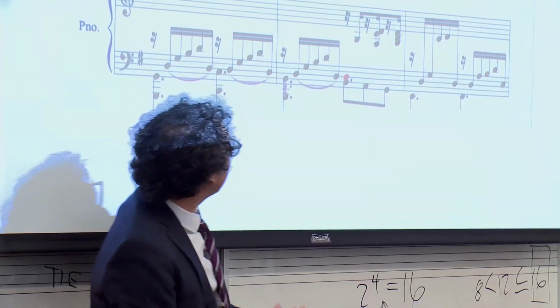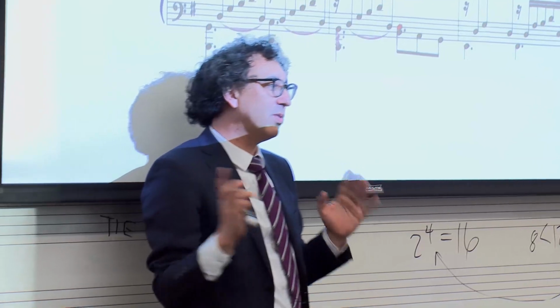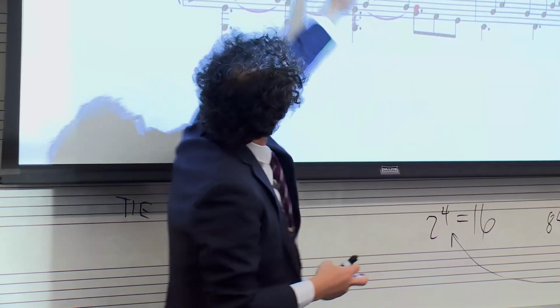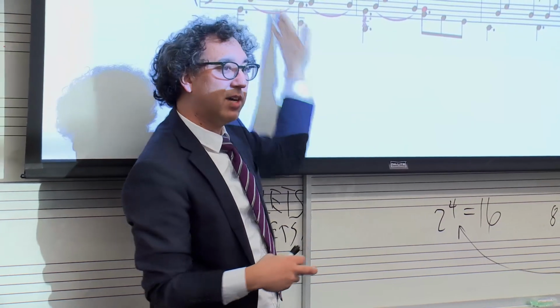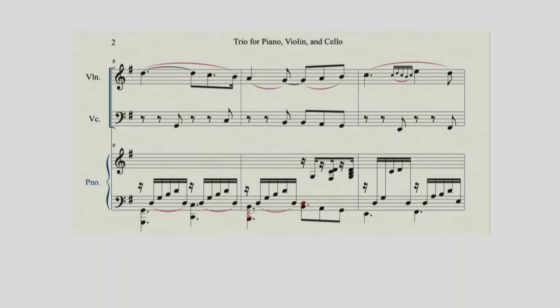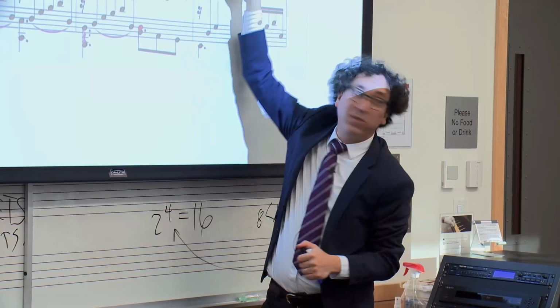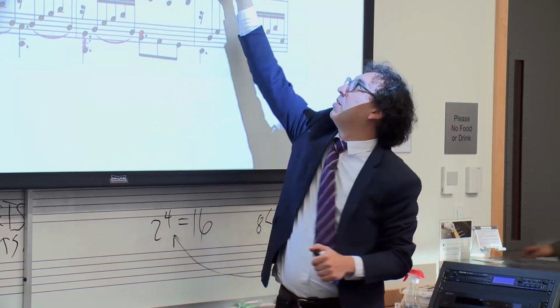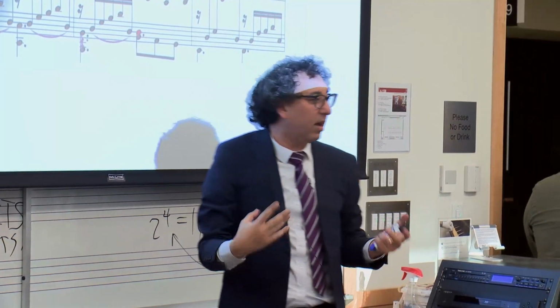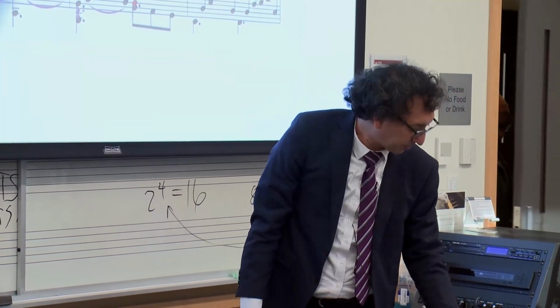We have this notion that in common Western music, everything that happens at the same time is vertically aligned. I hope your theory teachers taught you that. That's the most important rule in general. How do we know where to align these notes with the grace notes? So that's one violation.